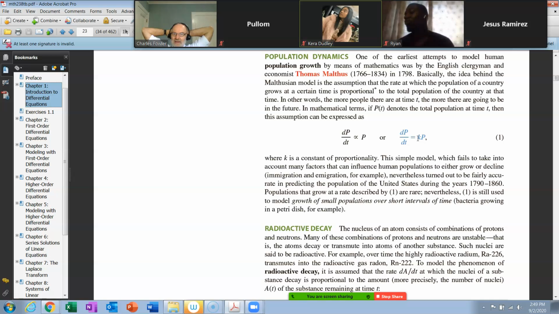Now, it fails to take into account factors that could influence human population growth or decline: immigration coming or going, disease, food supply, wars, those kinds of things. Those are anomalies that would really mess up any model. But this was done fairly early on, and especially for young populations, that would probably be a pretty good model.